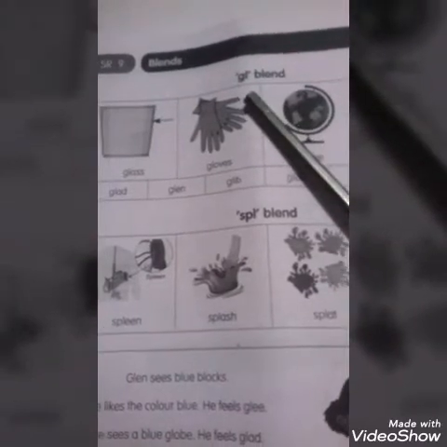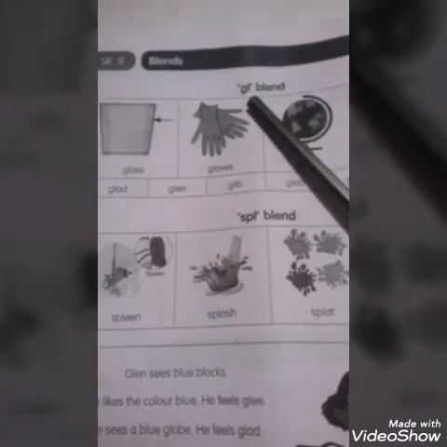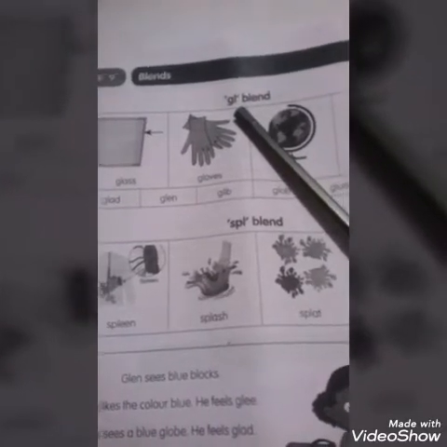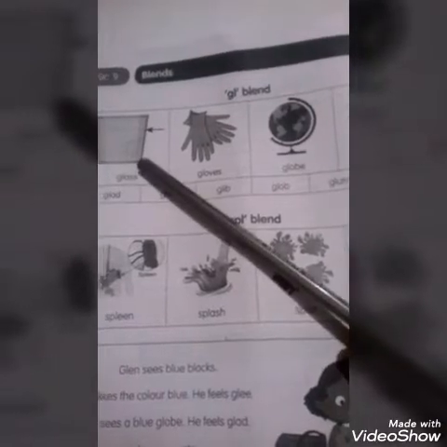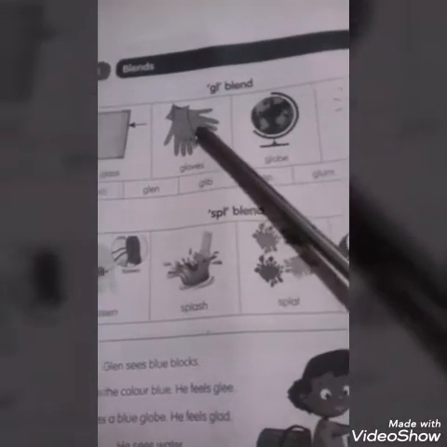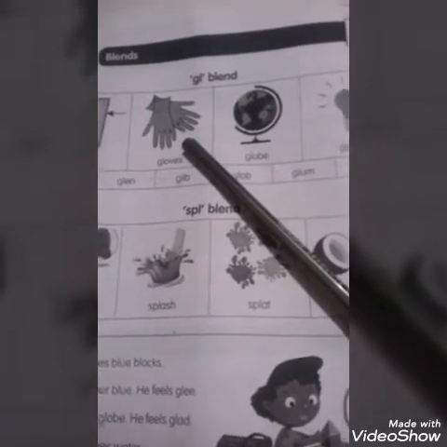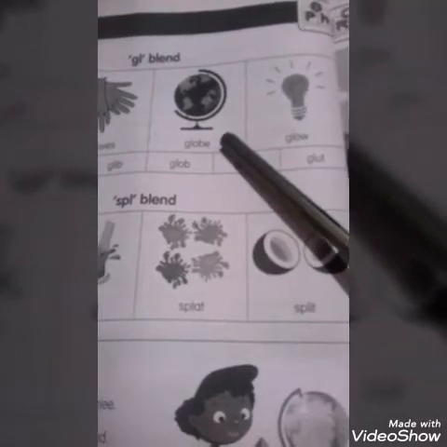Okay, now what is this? Glass. Look at the picture, all of you. Gloves. Globe. Glow.